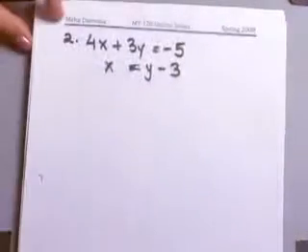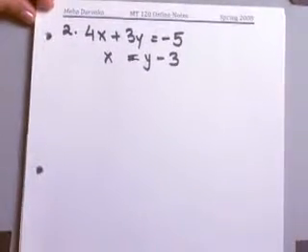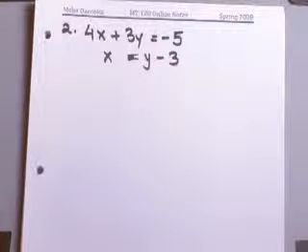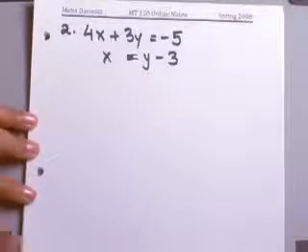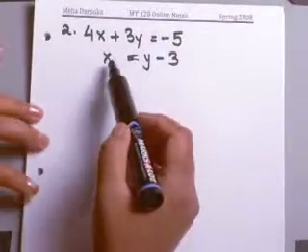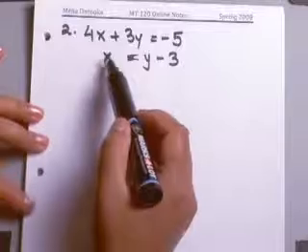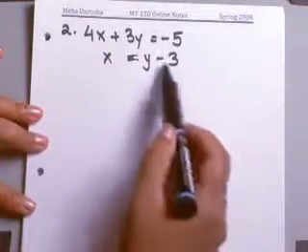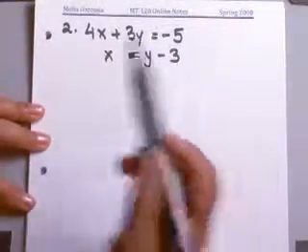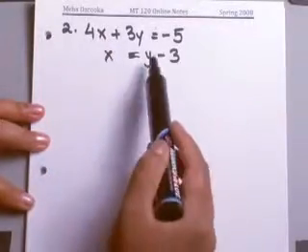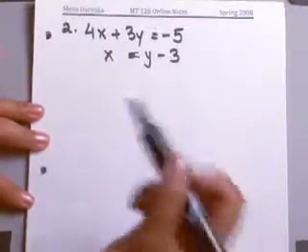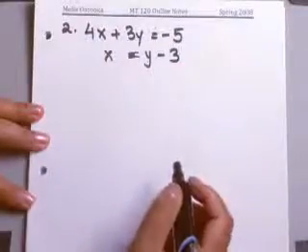In this example, your system of equations is 4x plus 3y equals negative 5, and x equals y minus 3. You can see that our second equation is solved for x. You have x by itself on one side and everything else on the other. So in our first equation, we'll substitute the value of x with y minus 3 and solve our equation just like we did earlier.